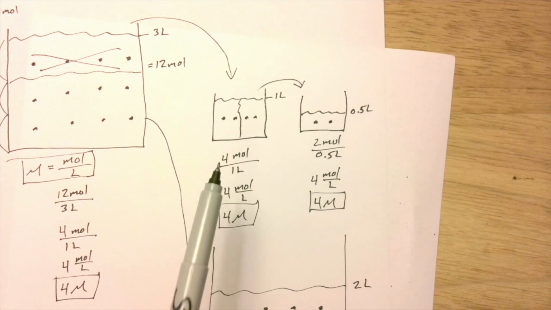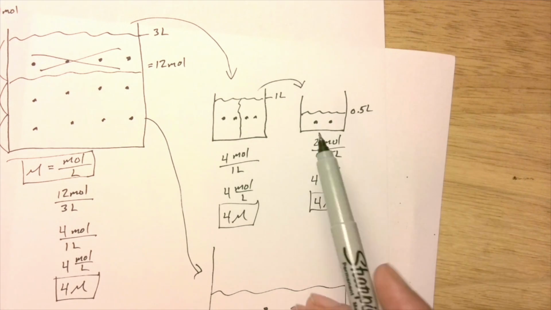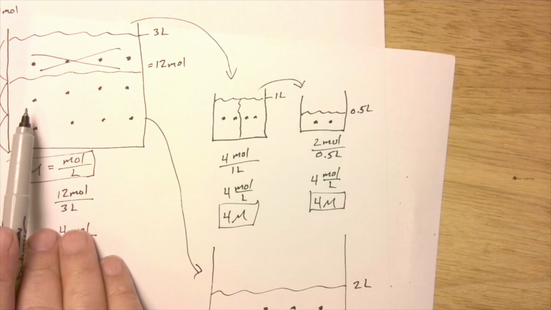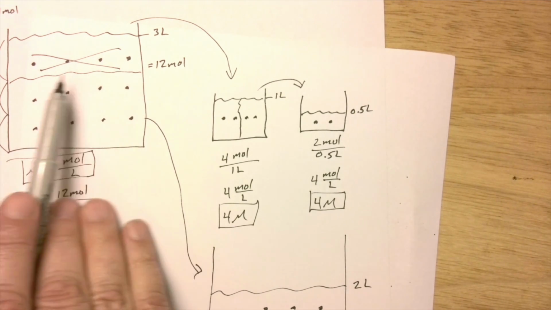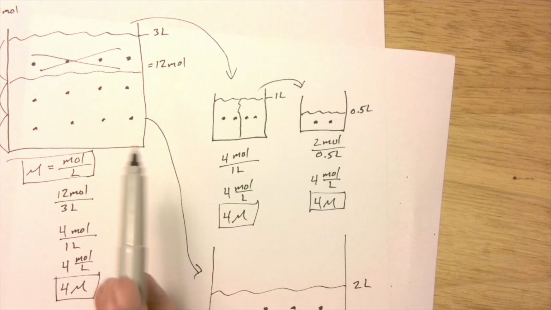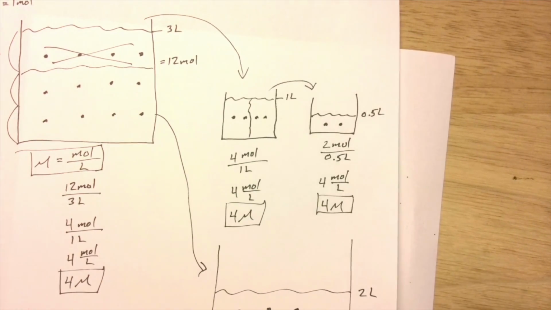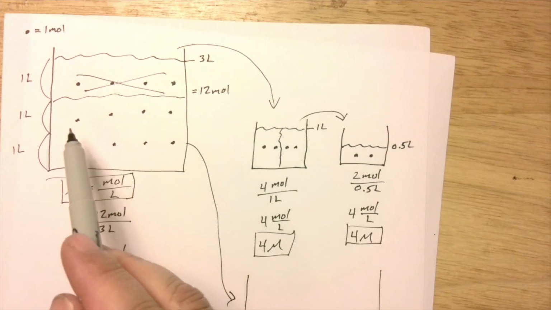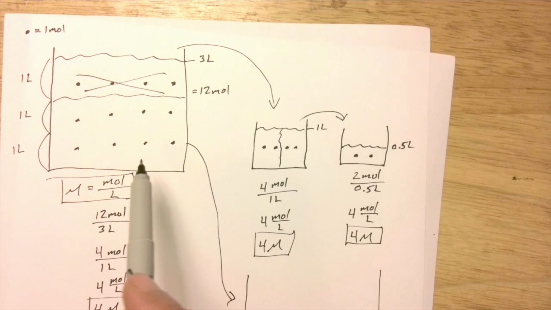But when we start getting into the calculations with molarity, all we're looking at is how many moles there are within a given volume of a liquid. Most often it's going to be water. So let's take a look at the first example problem. To keep in the back of your mind, when we're looking at molarity, we're just looking at how many particles there are within a certain amount of space.